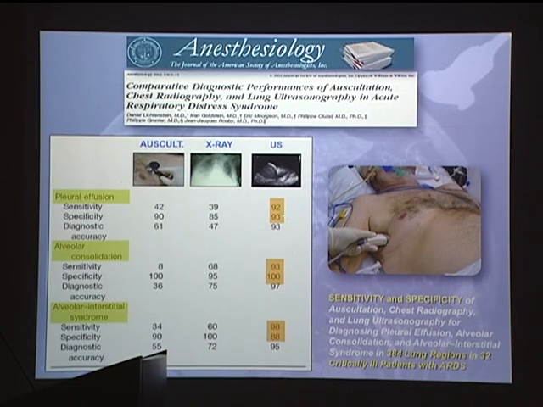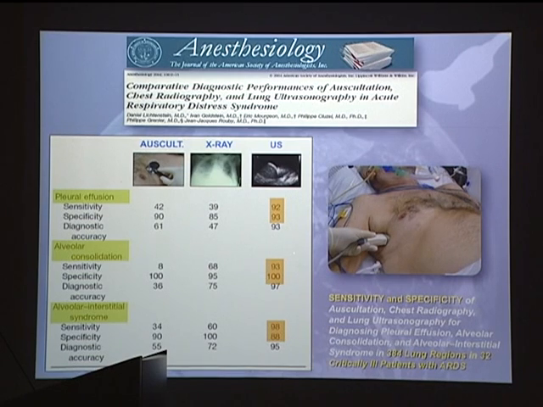But look at the sensitivity. 92, 93, 98 is huge. So what does it mean? That even a small amount of fluid will be detected by ultrasound. Even a pulmonary edema at early stages will be detected. Or even a very small pneumonia, provided that it is superficial, will be detected.